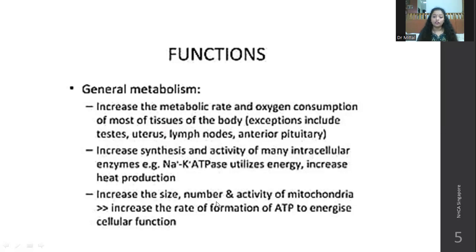The more mitochondria you have within your body, the more energy your body can produce. When the body is able to produce more energy, your metabolism is high. So the rate of formation of ATP to energize the cellular function will also stay high. This is how you have a balanced weight.